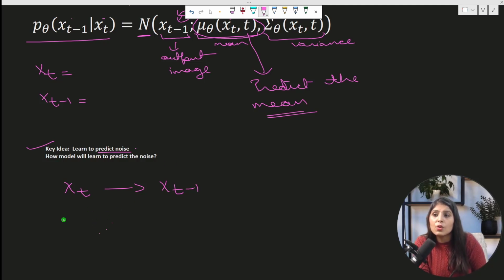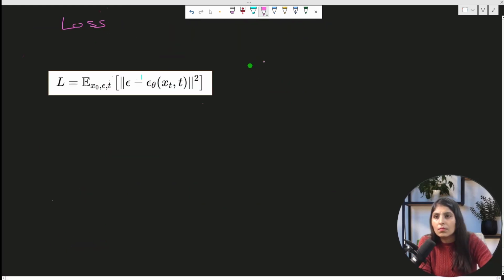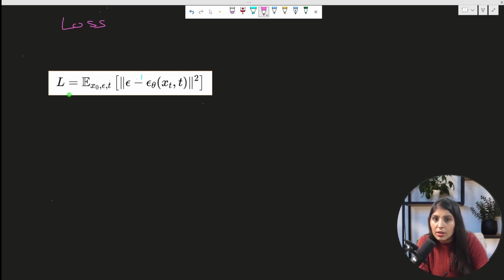Once our model predicts the noise, how does an AI model work? We train the model, and then we see the noise, we calculate the loss function, and on the basis of the loss function, we further work, right? So you will train the model to predict noise. Once noise is predicted, we will calculate the loss. So this is the loss function. In the reverse diffusion process, once you train the model to predict the noise, this is the loss function we will use.